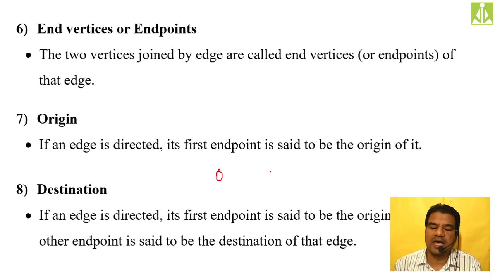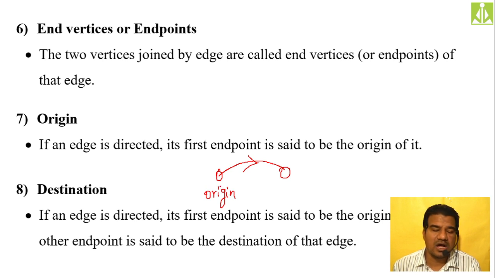If you have a directed edge between two vertices, then the vertex from where the edge is starting inside your graph, we call it the origin vertex, simply the origin. Where the directed edge is ending, we call it the destination.